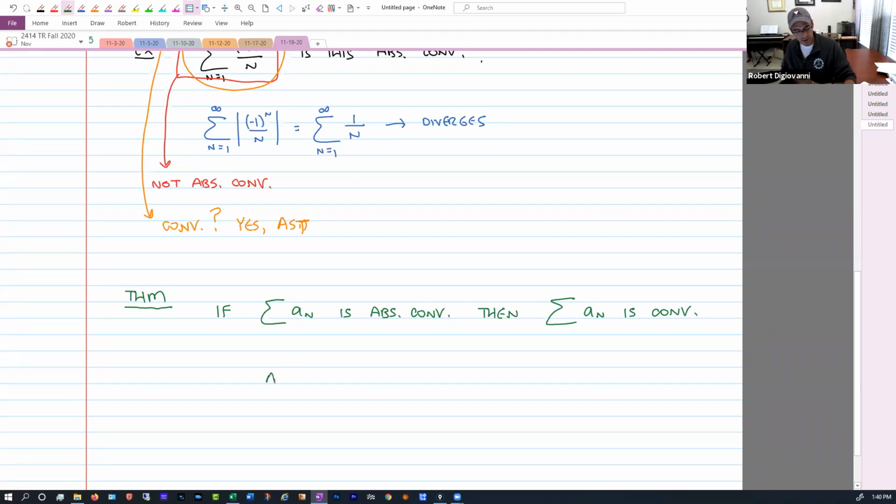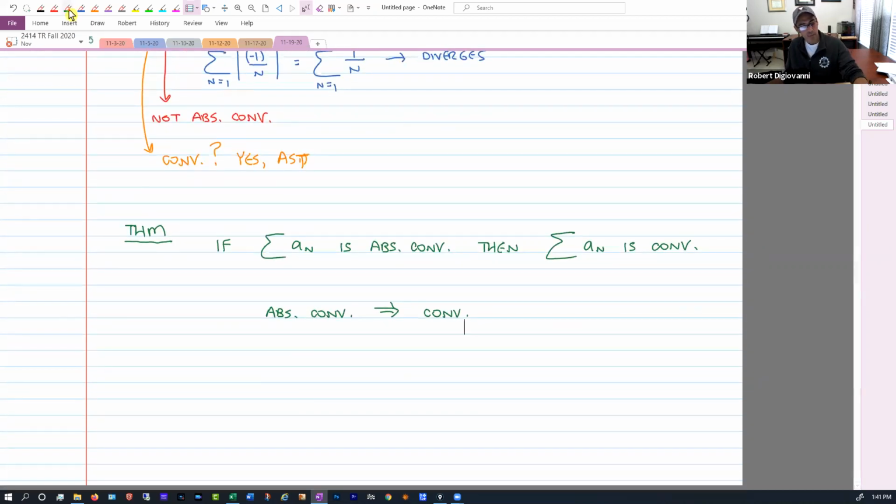Another way to say this is that absolute convergence implies convergence. So if you converge absolutely, you must converge. If the series converges absolutely, then the series by itself must converge.